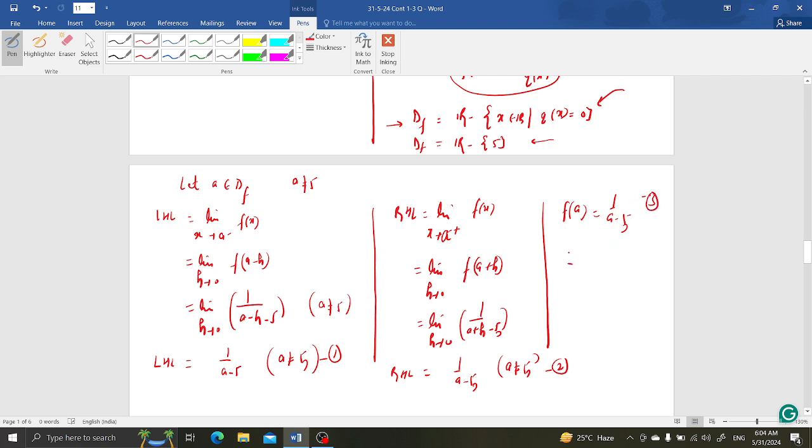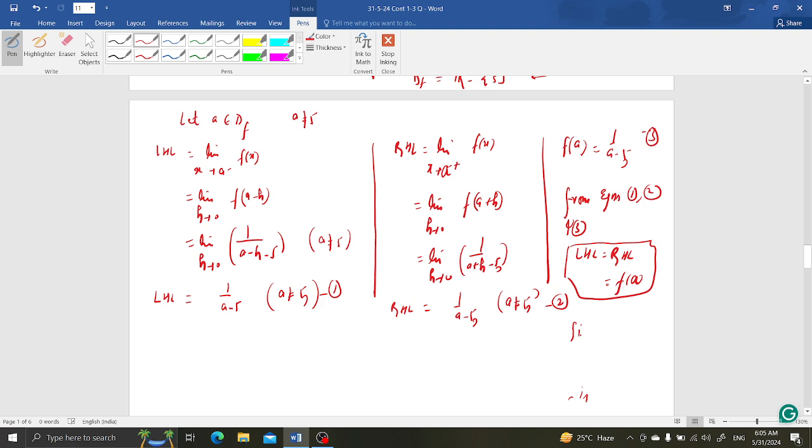So from equations first, second, and third, we have LHL equal to RHL equal to the function value at a. So this function f is continuous at a.